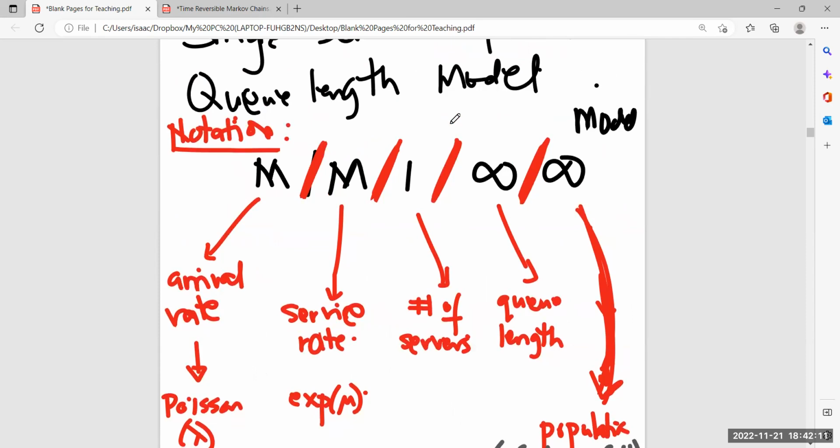You have many servers, and you have one line or many lines. Those where you have to leave one and then get to the other, you could think about it like having two servers, one here and one across here, but then the length of the queue on the second server will depend on the number of people who have left the first server.